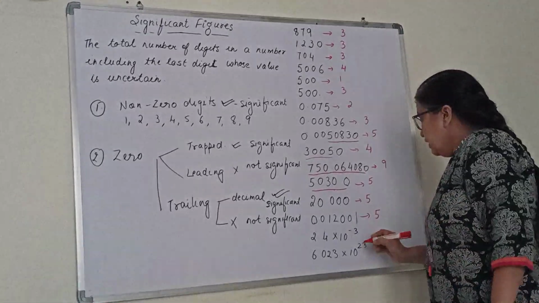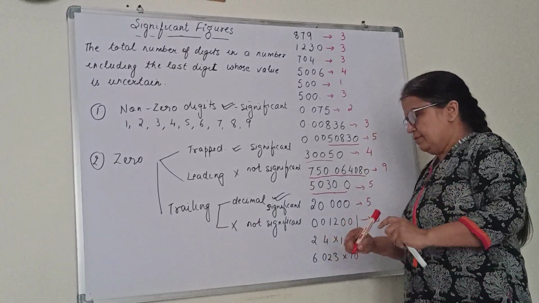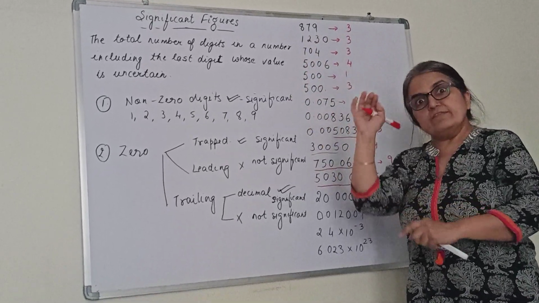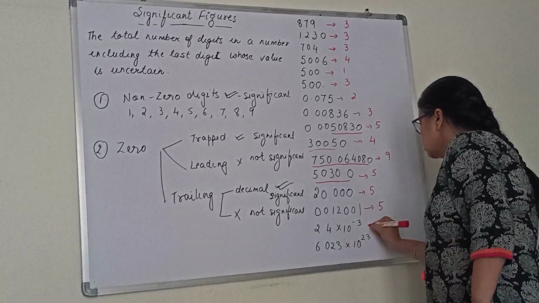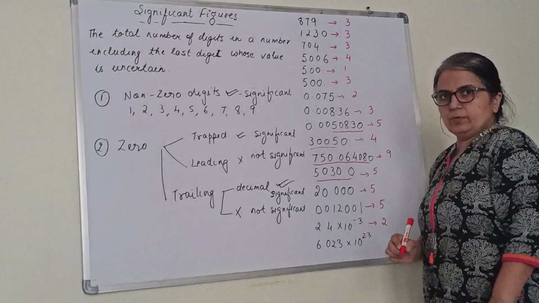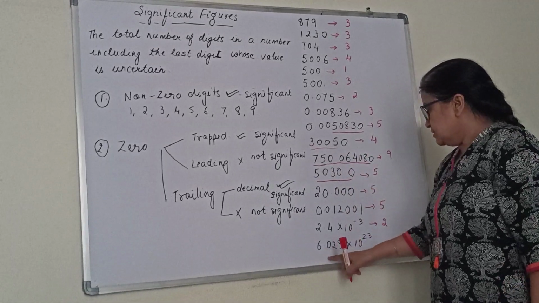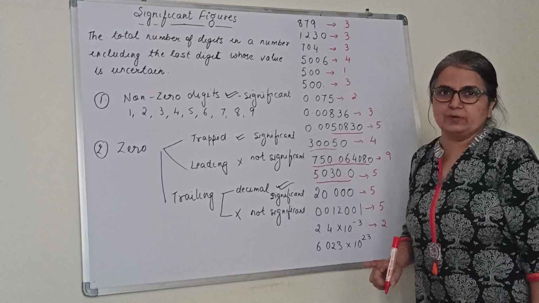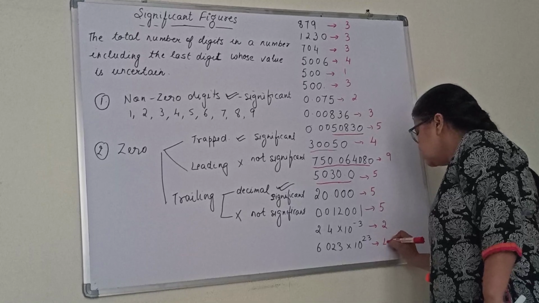Another thing children, if you have some numbers given into 10 to the power, this will never be significant. So in this you have only 2 significant figures. You will not even bother about this 10 to the power minus 3. This is Avogadro's number. 10 to the power 23 you are not going to include. So you will have here a total of 4 significant figures.